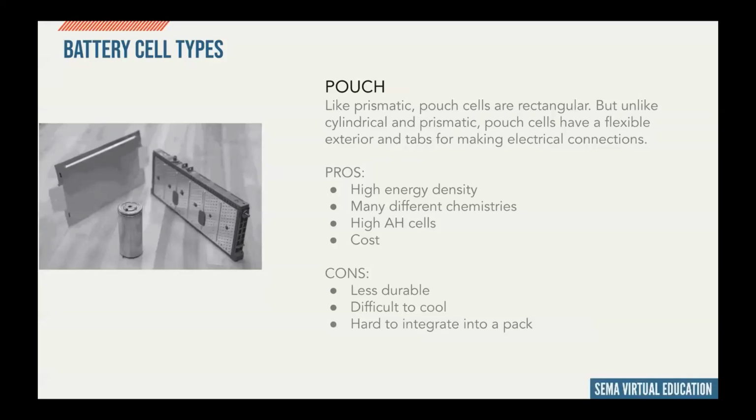The benefits of a pouch cell are that they're very high energy density. They can be packed very, very tightly. They come in many different chemistries. They are smaller in form factor but have large amp hour capacities, so they typically build very high energy dense battery packs. They are also typically less expensive, and there are fewer cells needed.